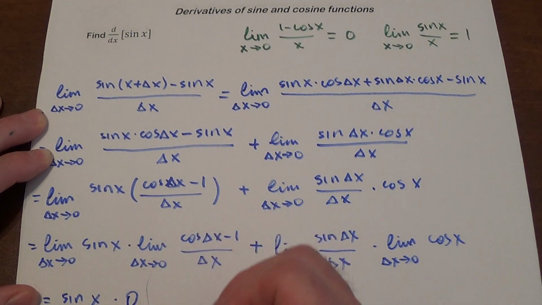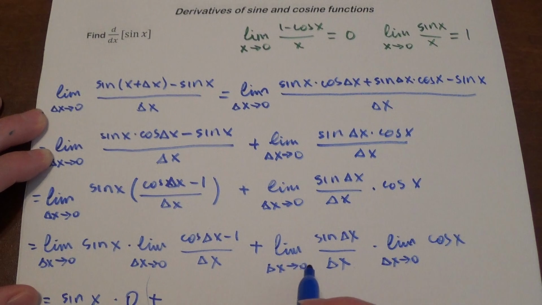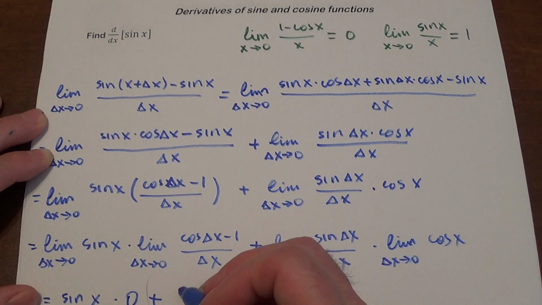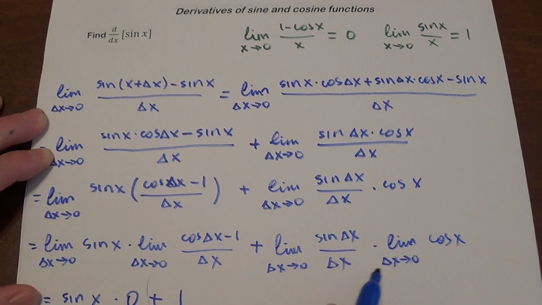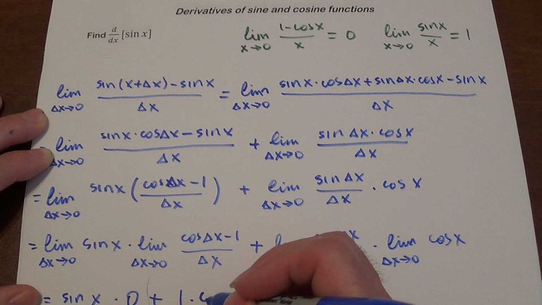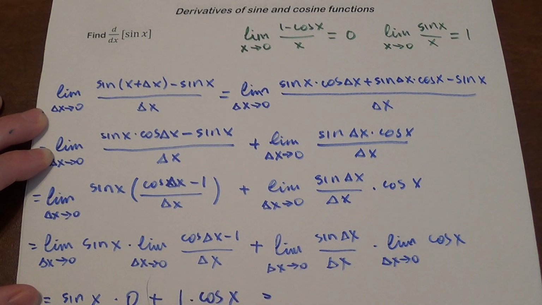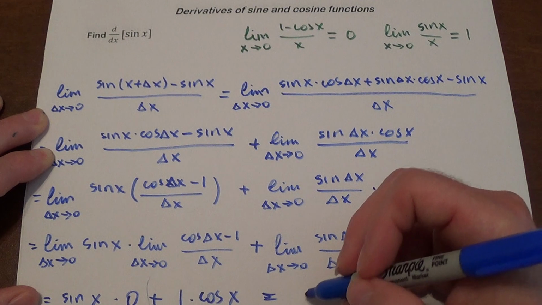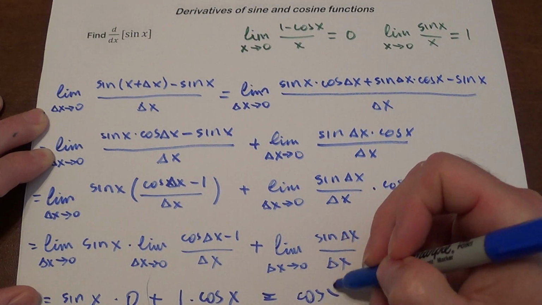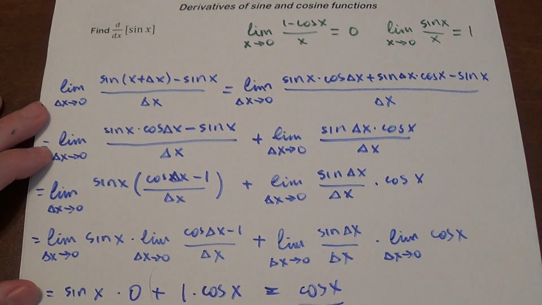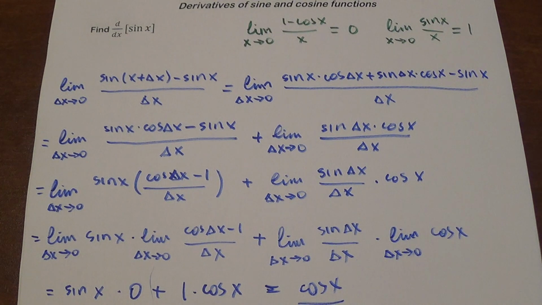So times 0, plus this limit here is 1, and this last limit, since it does not contain delta x, is going to be cosine x. Sine x times 0 is 0. 1 times cosine x is cosine x, and the answer is cosine x. So this is the derivative of sine.